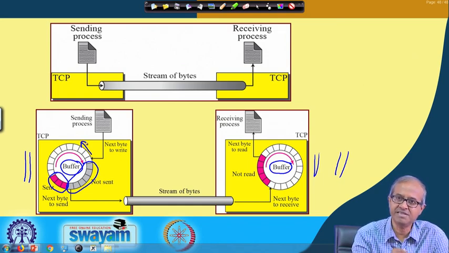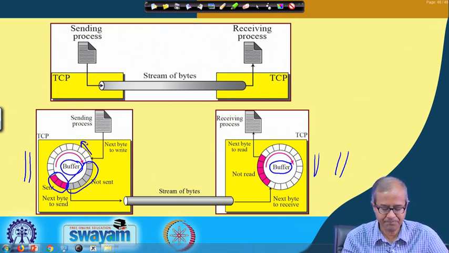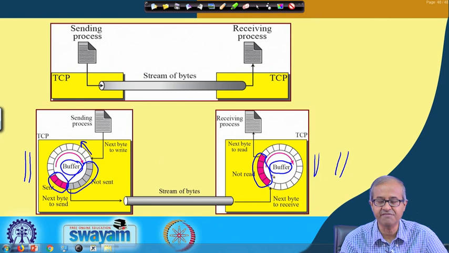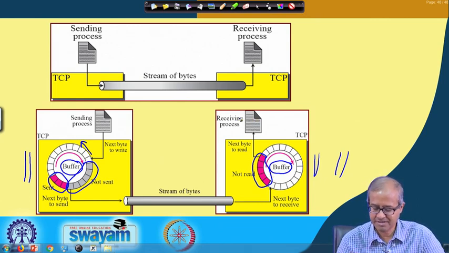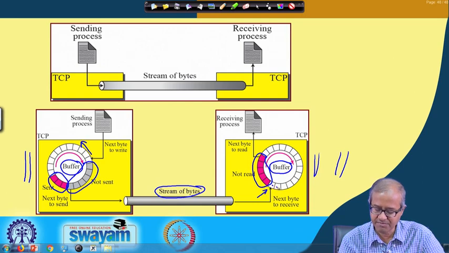In this way, the buffer at the sending side will get filled up, and on the receiving side similarly, some data is being received. This pink one says that this data have been received, but not yet read by the receiving process, and whatever comes over the network, they will get stored out here starting from the next available location onwards, and the receiving process will be reading the bytes one by one from this pink part, right.